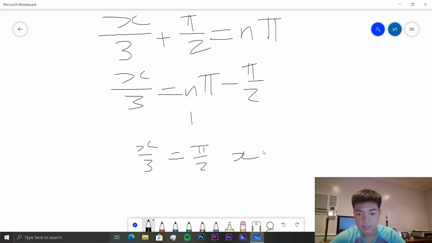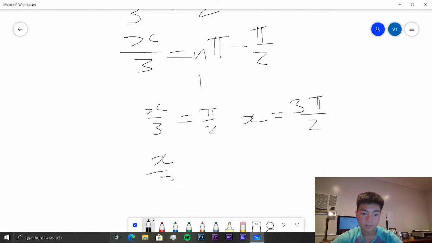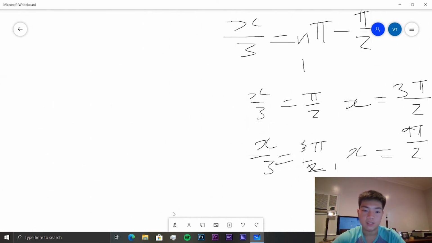So x is equal to 3 pi over 2. And the next one would be x over 3 is equal to 3 pi over 2. So x is equal to 9 pi over 2.